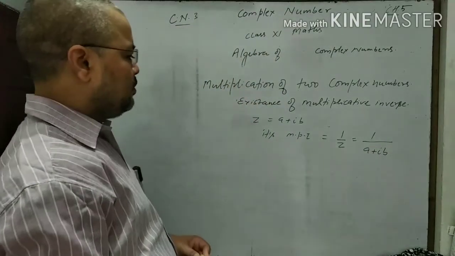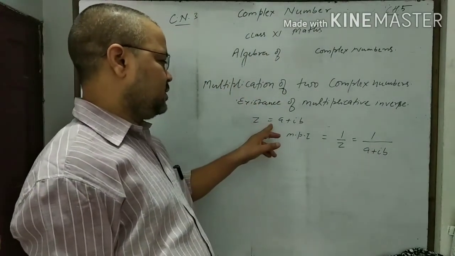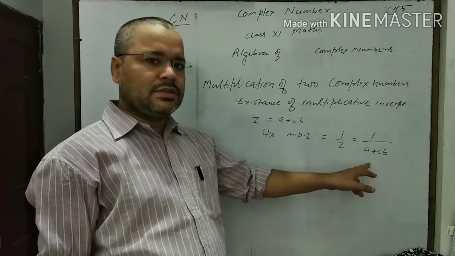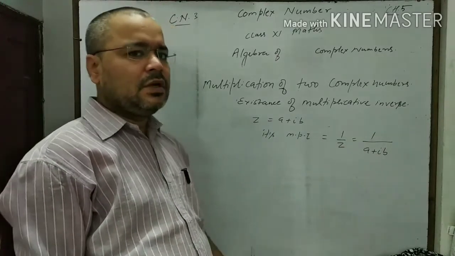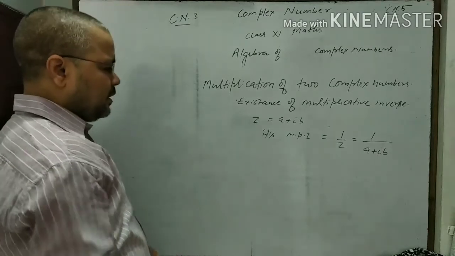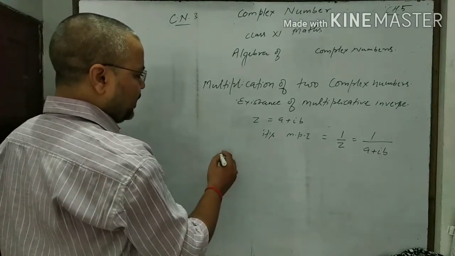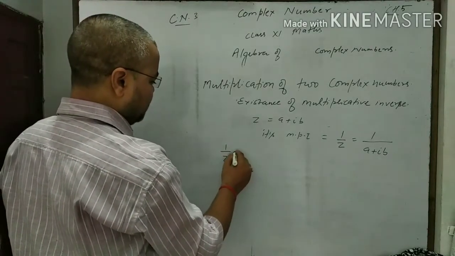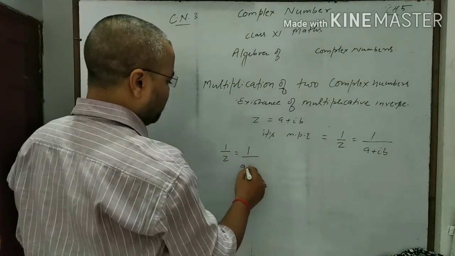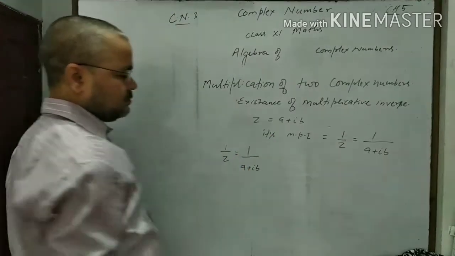Now, if we multiply this to this, the value will be 1. But dear student, here the multiplicative inverse 1 by z is 1 upon a plus ib.